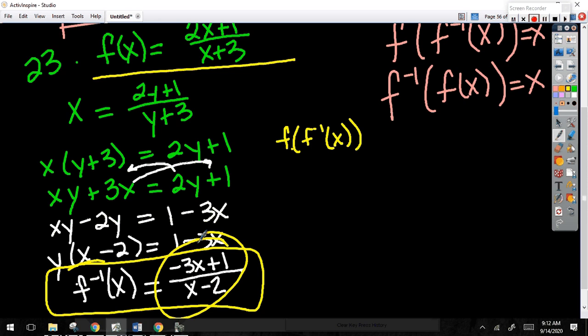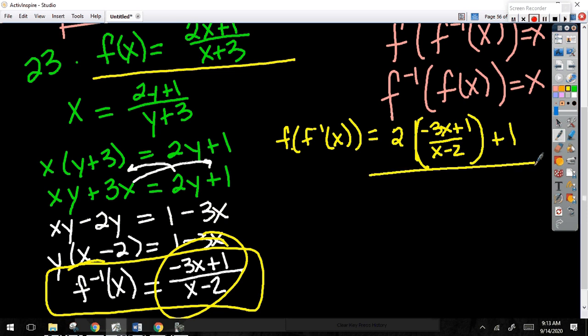Plus 1 over. Yeah, I'm using this original equation. Take a look at it the way it's written: 2x plus 1 over x plus 3.